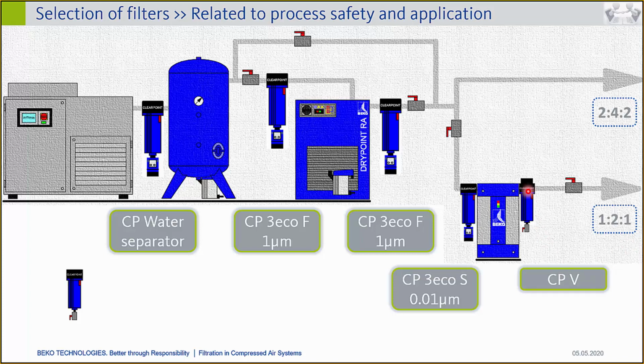This can be integrated directly here because the compact desiccant dryers have an integrated dust filter in their internal cartridges. So there is no dust filter required in between the CLEARPOINT V and the compact desiccant dryer in that scenario. But of course, we need an additional dust filter to avoid any particle carryover into the sensitive application over here.